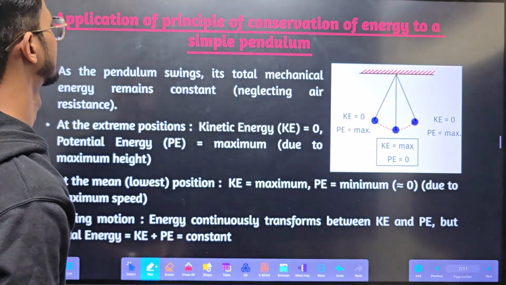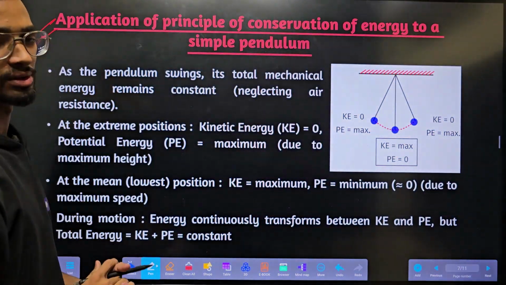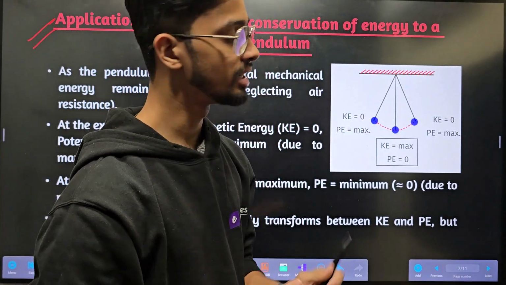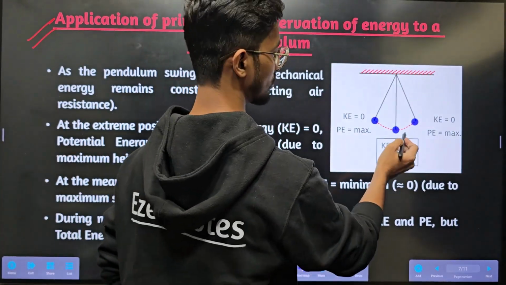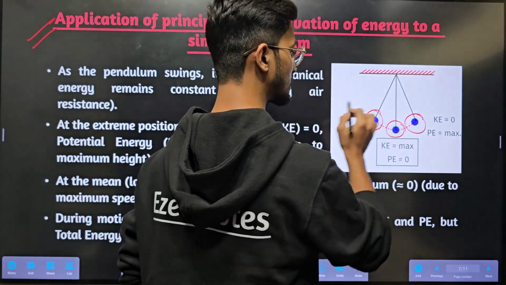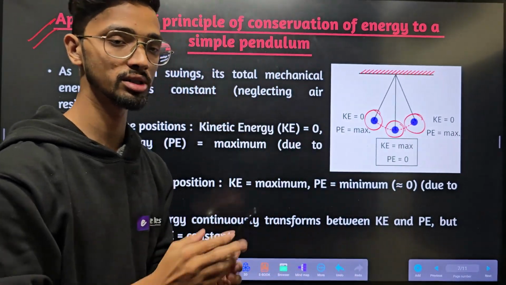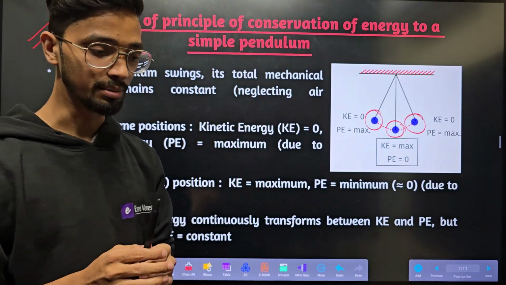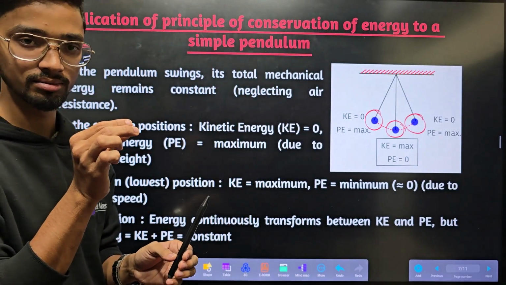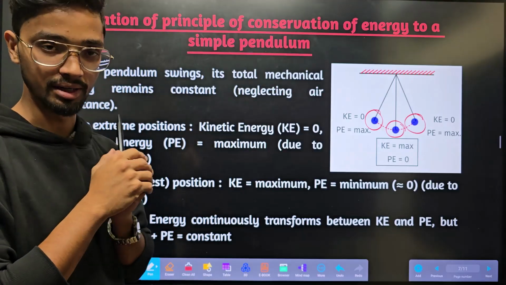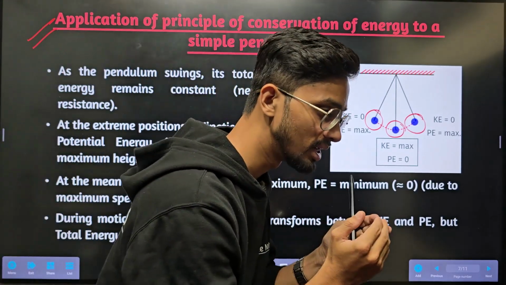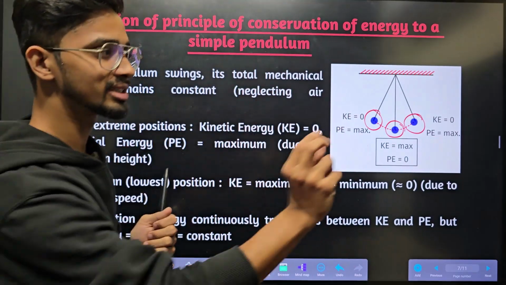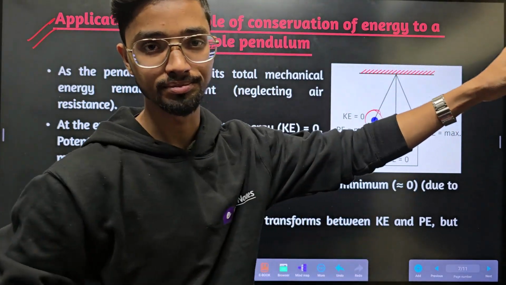Next, application of the principle of conservation of energy. This is the application: simple pendulum. In a simple pendulum we have 2 points, one is the mean position, another is the extreme position. We have 2 extreme positions, one positive extreme and one negative extreme. As soon as we take this bob and leave it, it goes from mean to extreme, again from mean to extreme. While it reaches the extreme position, it stops.